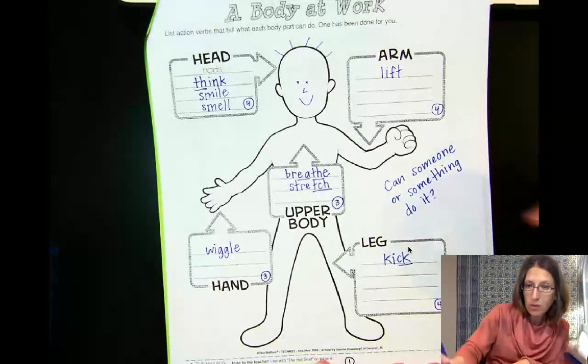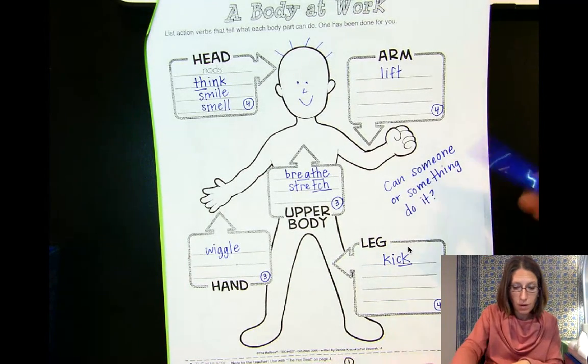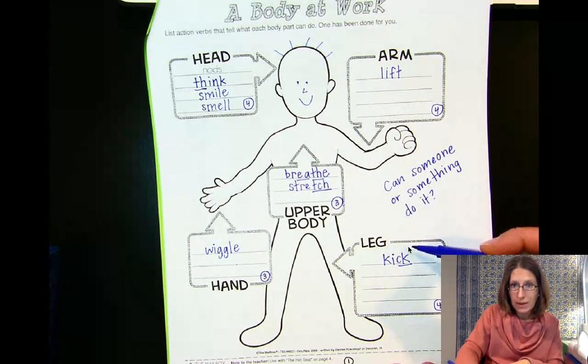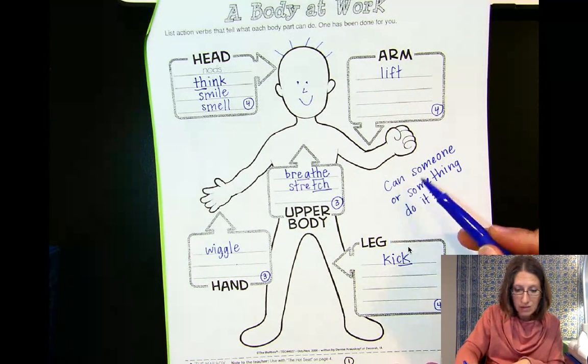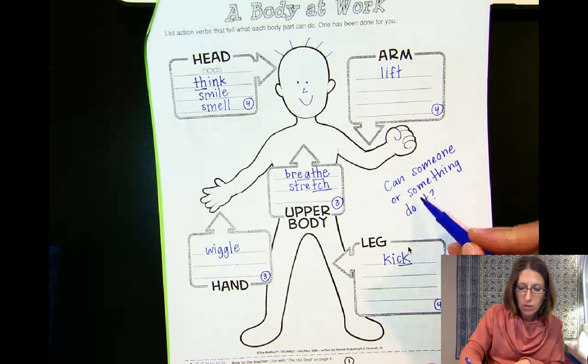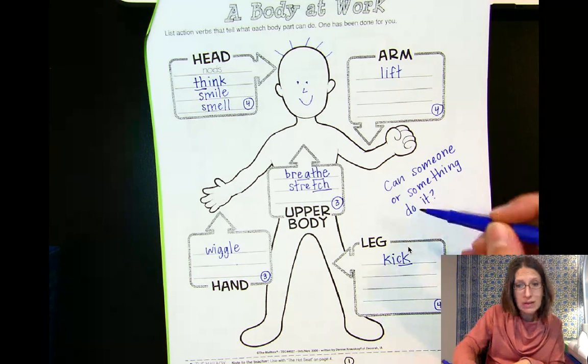If someone or something can do it, it's an action verb. Can someone or something lift? Yep. Can someone or something kick? Yep. Can someone or something wiggle? Yes. So if you find out the answer is no, then it's not an action verb.